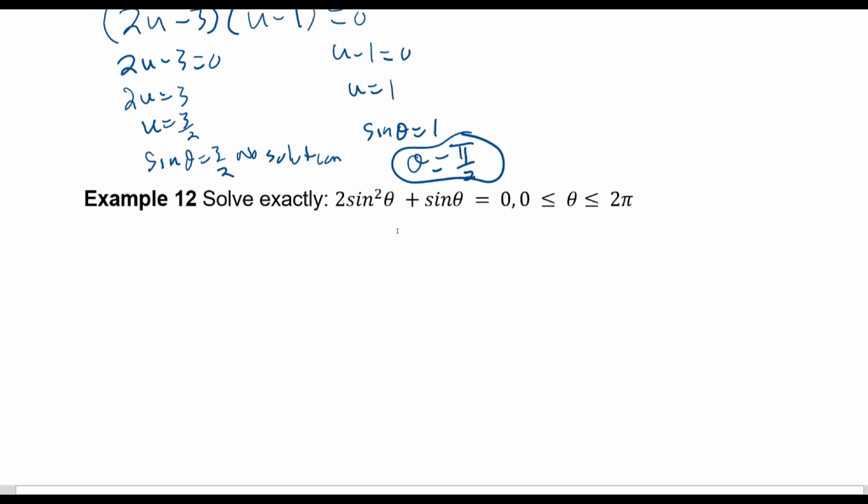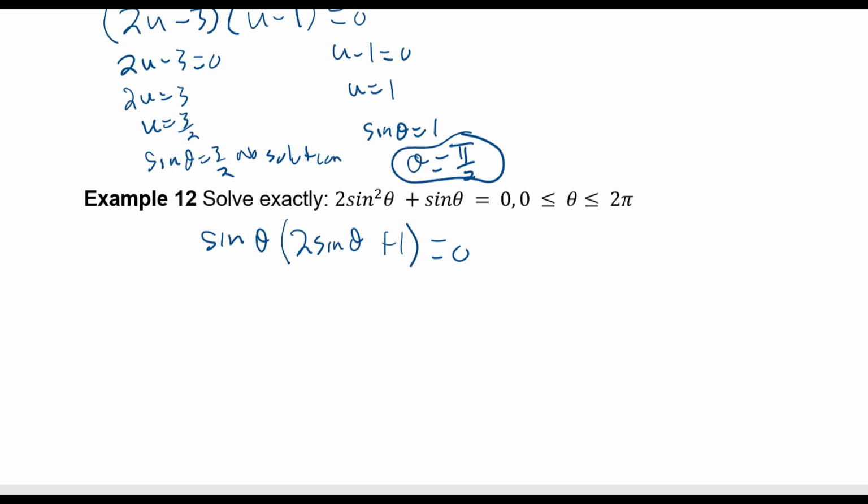We have 2 sine squared theta plus sine theta equals 0, again from 0 to 2 pi. So I'm going to factor out a sine, so sine theta times 2 sine theta plus 1, where is that going to be 0?